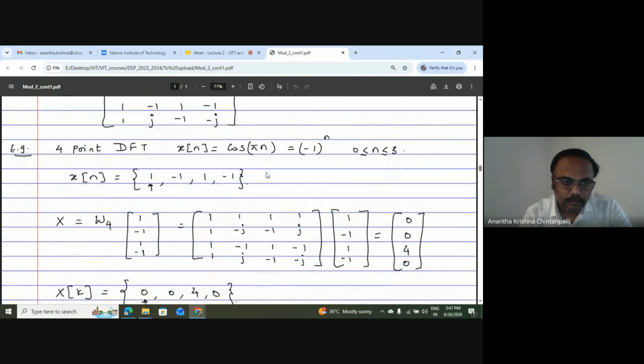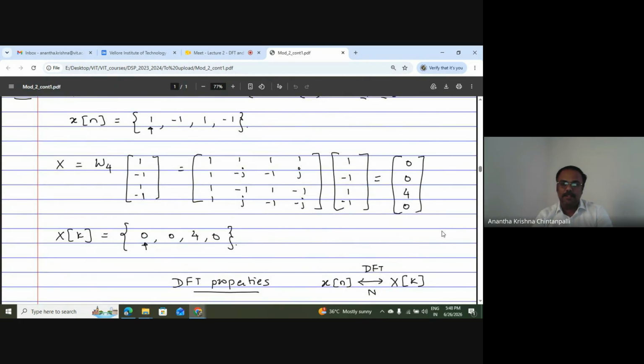Now, if I have to compute a 4-point DFT, x of n is cos of pi n, which is equal to (-1) to the power of n. N goes from 0 to 3 inclusive, which we already know. So if I substitute the value, I'm going to get this. Now I have capital X is equal to the W4 matrix, and then this is my sequence. This is simple matrix multiplication. I get 0, 0, 4, 0, which is going to be this.